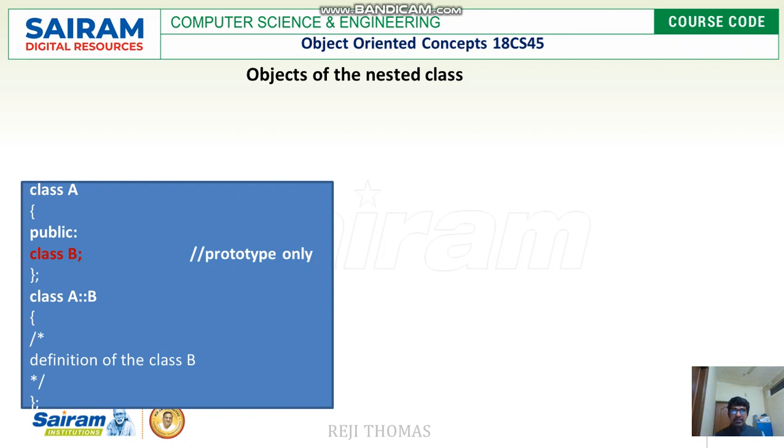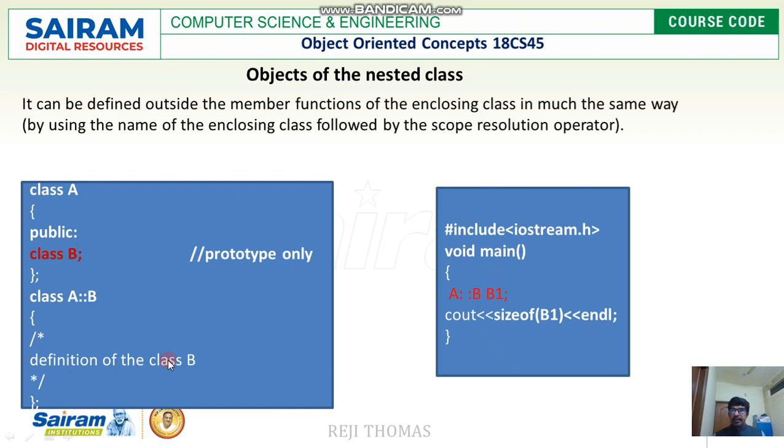Next, let us see where we can create the objects of nested class. So this is what we have created. We have a class A, so this is the enclosing class. This is the nested class. Now this object can be created outside the enclosing class.